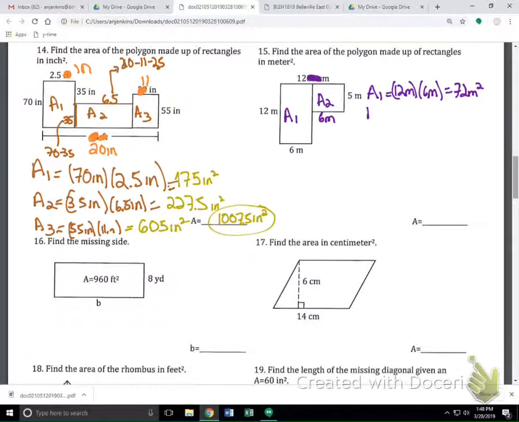And area 2, we get 5 meters times 6 meters, which gives me 30 meters squared. Total area involves us adding those two up. 102 meters squared.